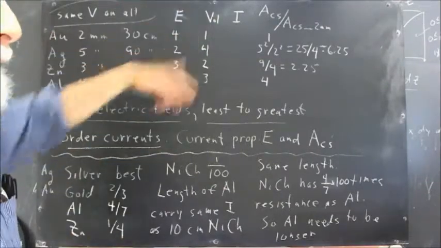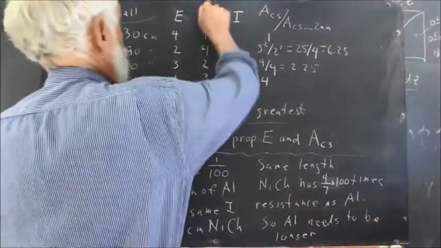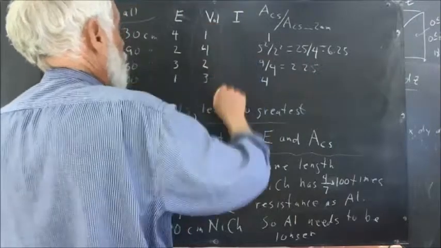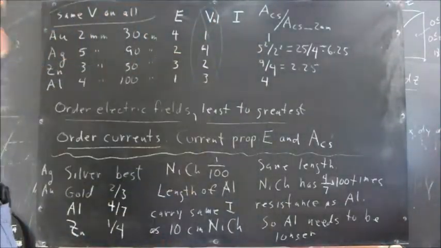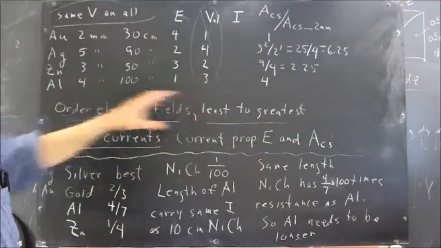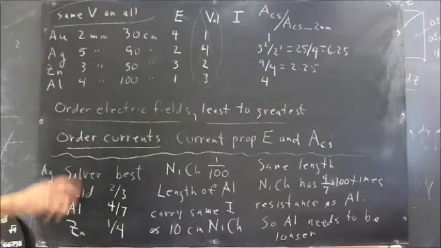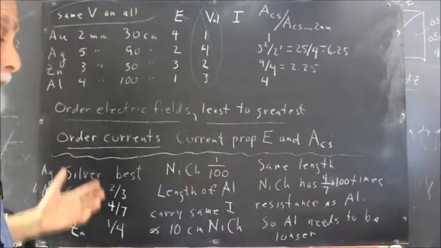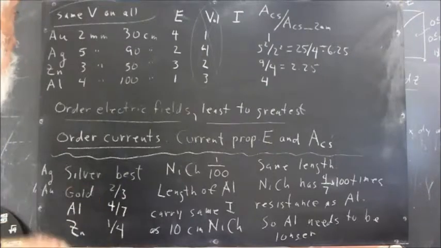Now, the volume turns out not to be related to much of anything, so I'm just going to put a circle around that and lightly cross it out. It's a good exercise in making comparisons by proportionality, but it's not going to be relevant to the questions about the comparisons of electric fields, currents, and so forth.